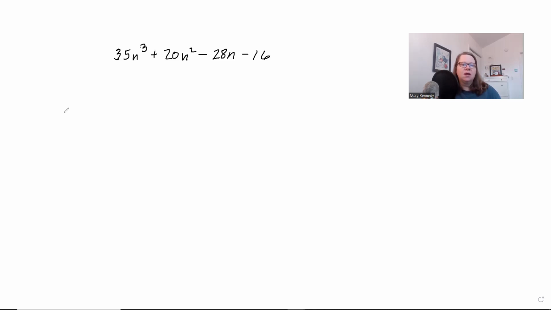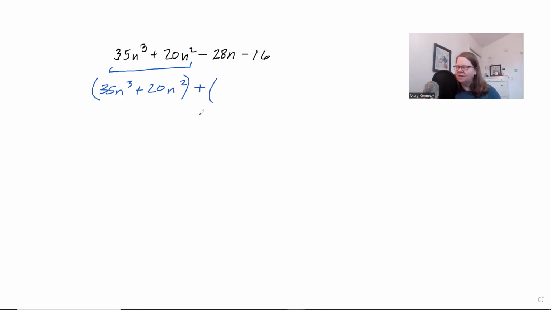So let me change the color. Okay, so you're going to bring down the first two just like they are. I could write them 35n cubed plus 20n squared. Put parentheses around those. And if the third term is negative, like we were just saying, you're going to put a plus sign.